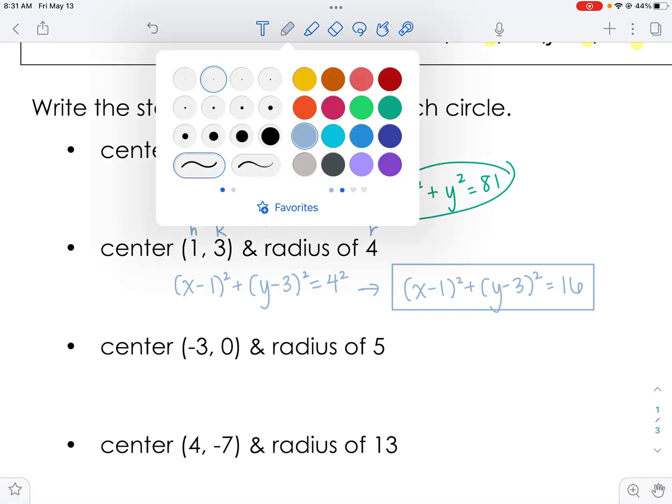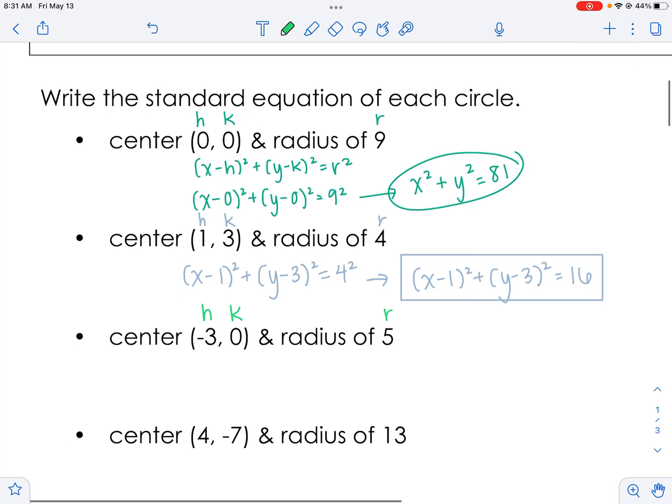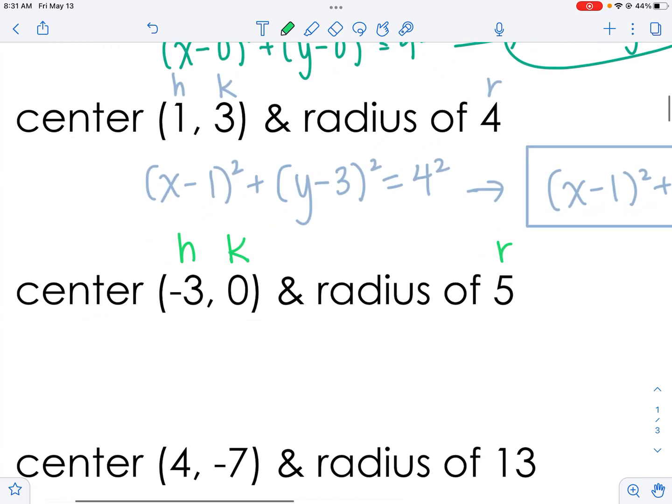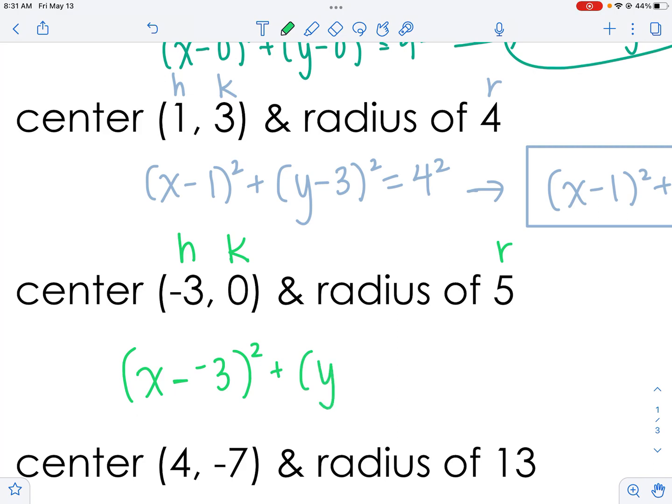Taking a look at the next one, the center's at (−3, 0). That's my h and k. The center is always going to be h, k. And the radius is 5, so that's our r. My formula is (x − h)², so I have (x − (−3))² + (y − 0)² = 5².